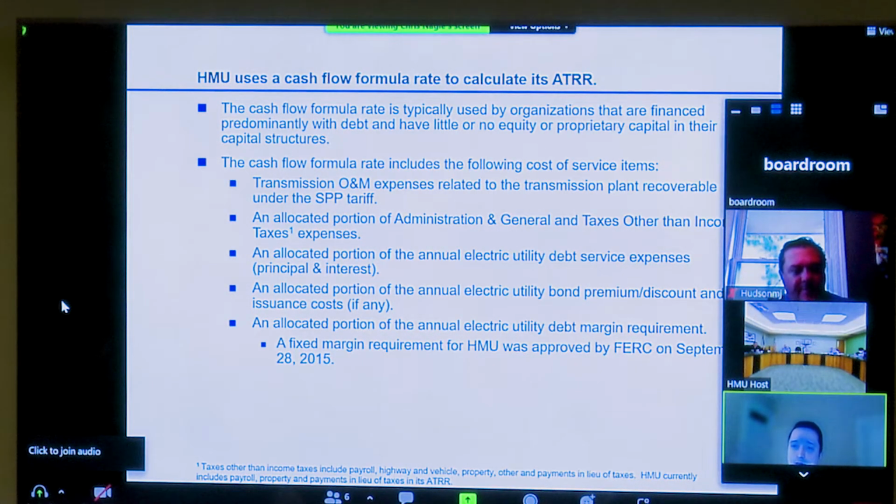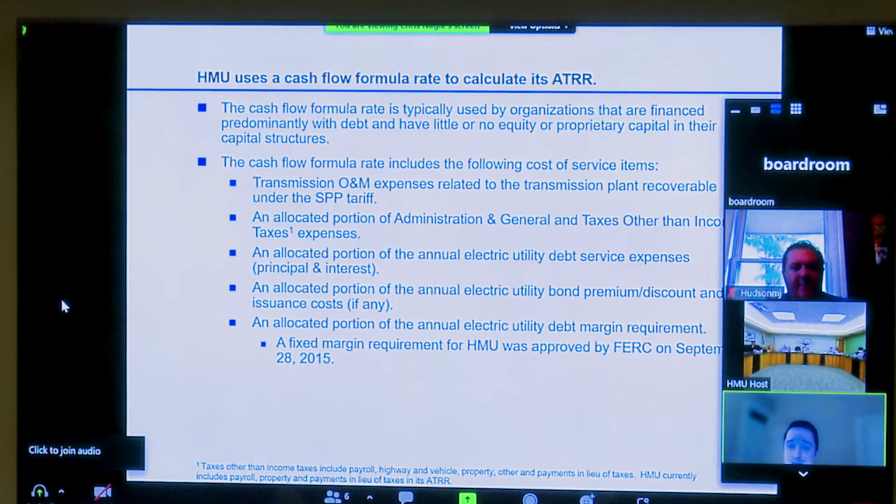And so Harlan's margin requirement was approved by FERC in September of 2015.